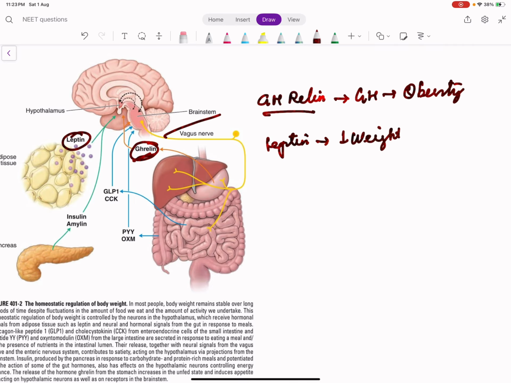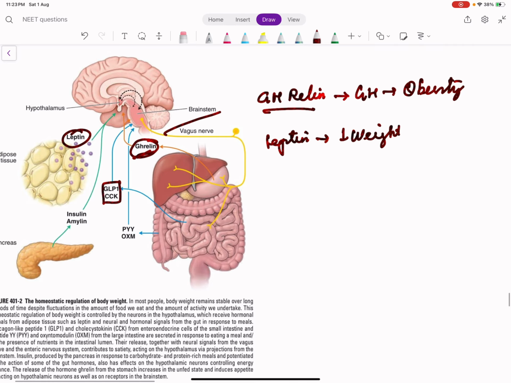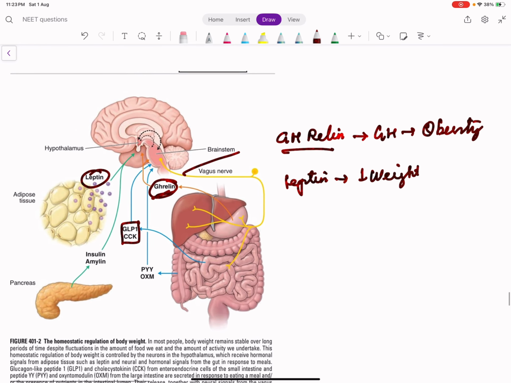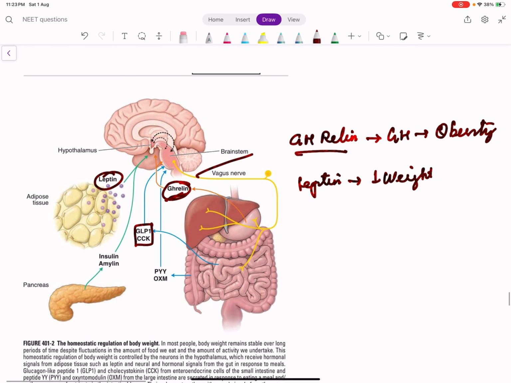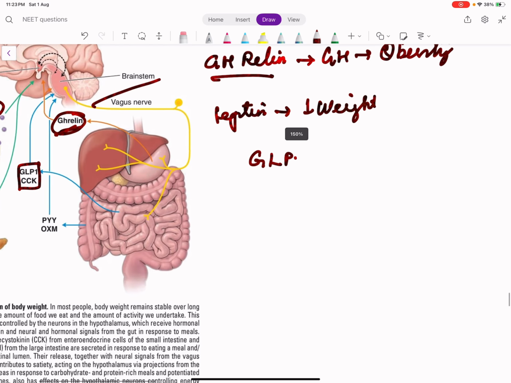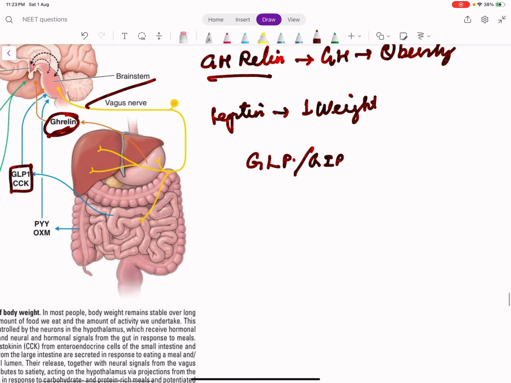I think what is important in the current trend is GLP-1, because we have important drugs called as GLP-1 analogs. So what is this GLP actually? GLP or GIP, these are insulin secretagogues. What are these insulin secretagogues?